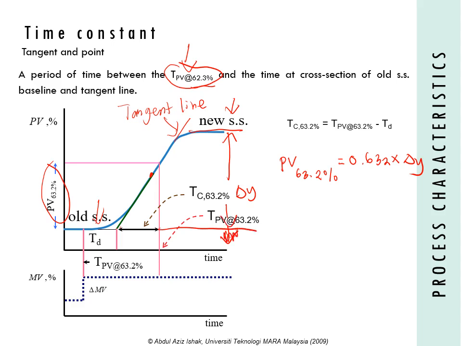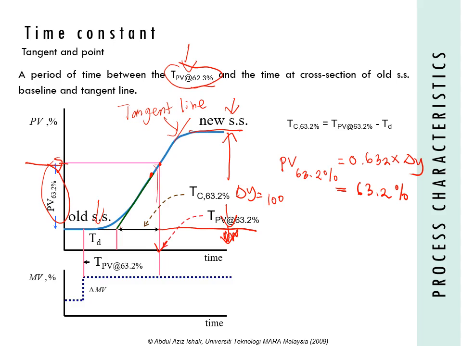When you get the value, for example, if delta y is equal to 100, you will get 63.2, for example. After you identify the location of PV at 63.2%, you need to draw a horizontal line until it touches the process response curve and bring it down below.